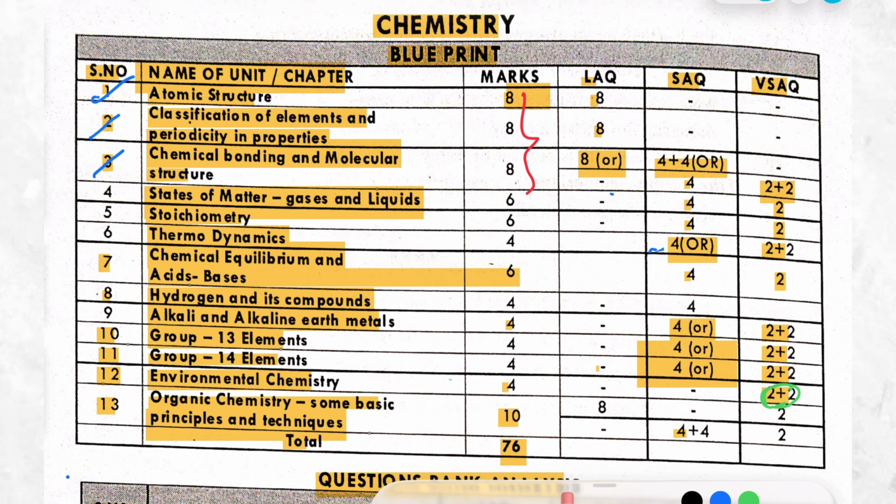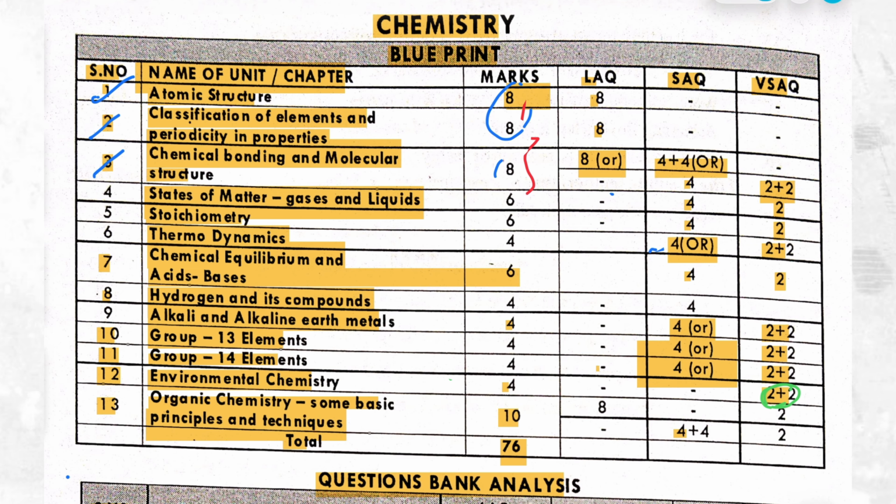Okay. Whenever they ask LAQs from the first three topics, then there is no LAQ from organic chemistry. Whenever they give LAQs from only the first two topics, then it is an SAQ question. Two SAQs will come, then one LAQ from organic chemistry.